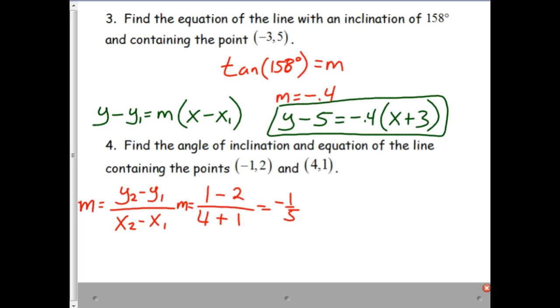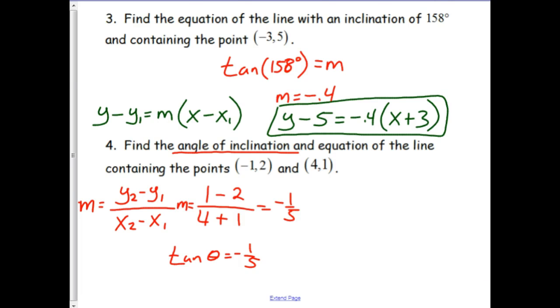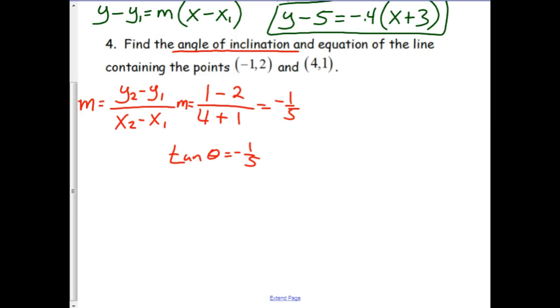So I'm going to be using tangent again. So tan of theta equals negative 1 over 5. I'm looking for the angle of inclination here. I'm looking for the angle first off. Take the inverse, so tan inverse of negative 1 over 5.